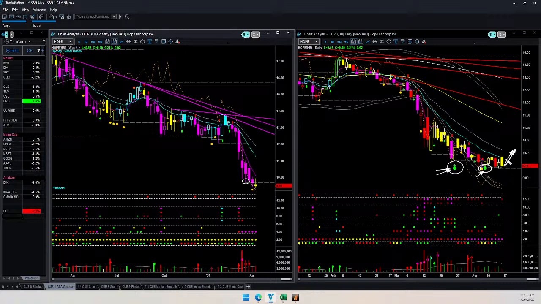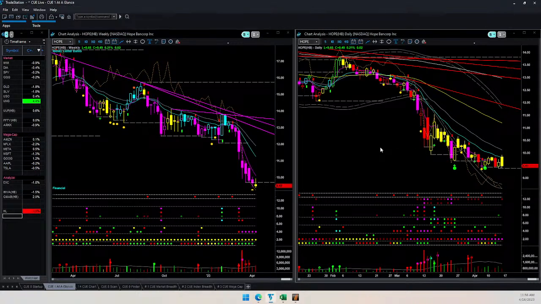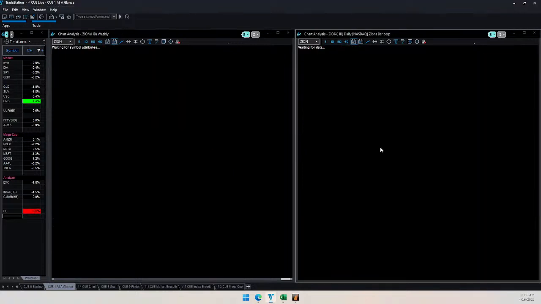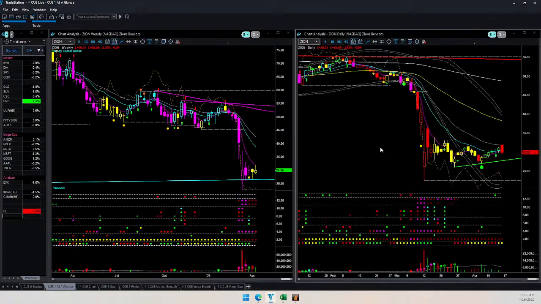On the other hand, if it breaks below the watermark support, that will be concerning. And not only Hope, there is another, I think, well-known smaller bank, Zion, also dropped sharply when the banks failed. Some of them displayed a bullish headwind, but on Friday reversed quite a lot.